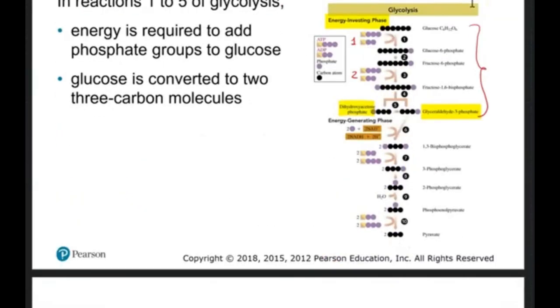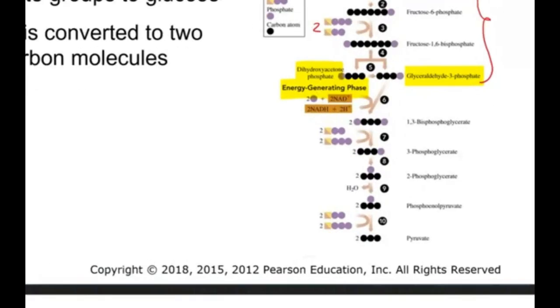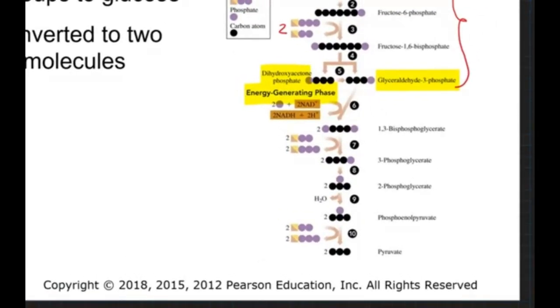Now, the second phase is the energy generating one, in which each of the molecules of glyceraldehyde 3-phosphate is converted into a molecule of pyruvate.